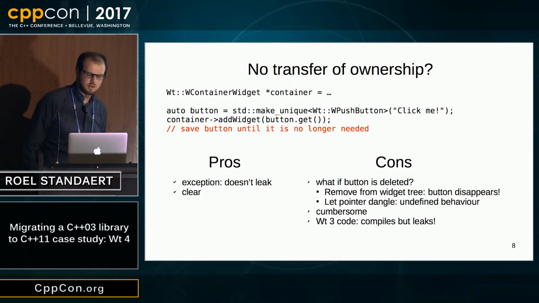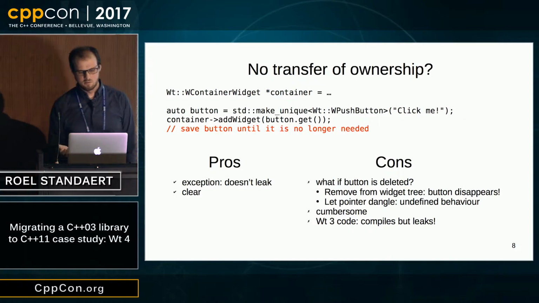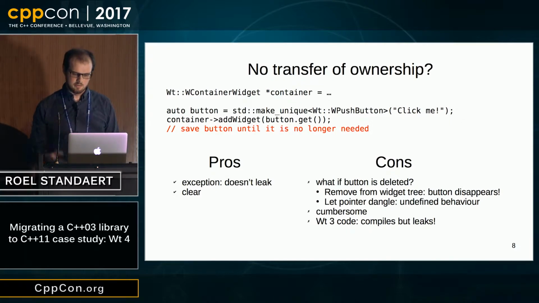And even worse, in this particular case we could, of course, make it so that it doesn't compile anymore in several ways. But if you had existing Wt 3 code, and you would just call new instead of make_unique and then pass that in, then that would just leak everywhere.